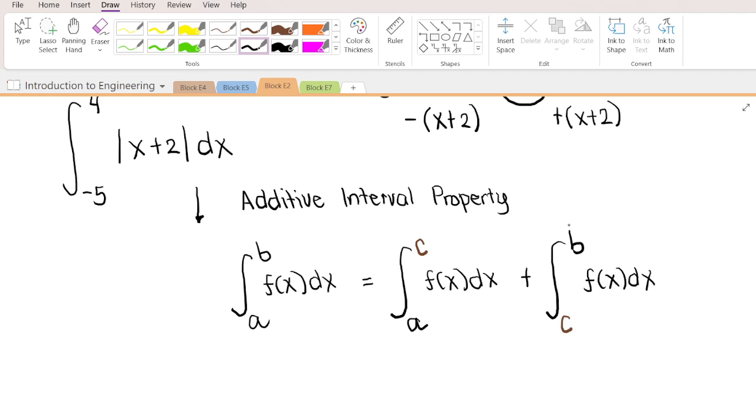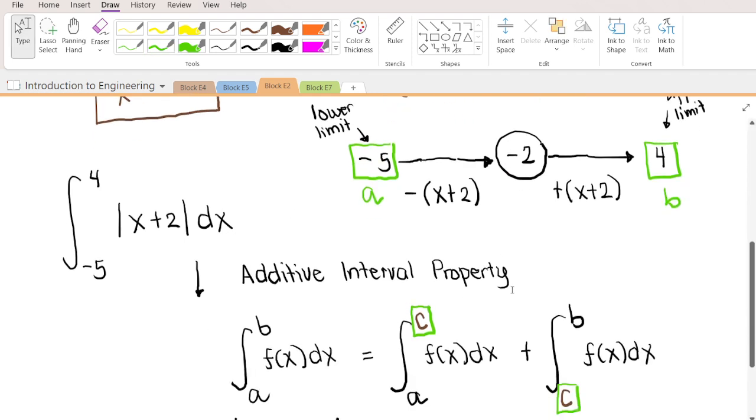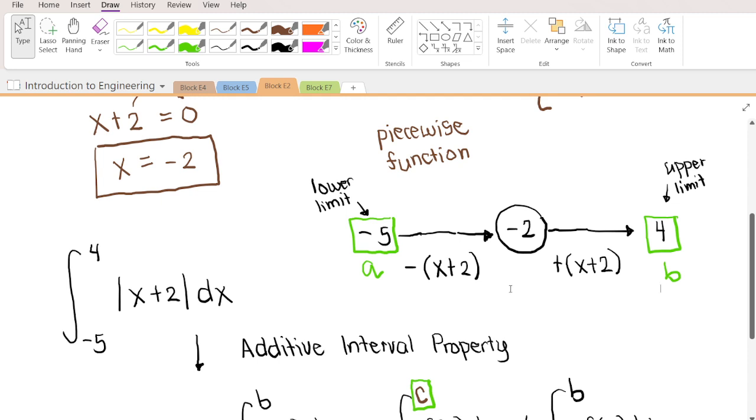So you are basically breaking down the entire integration into two parts. But this time, you have to declare a particular value of c that is in between a and b. So in the context of our numerical problem today, our lower limit is basically our a, and our upper limit is basically our b. Of course, the letter c here should not be obtained just randomly.